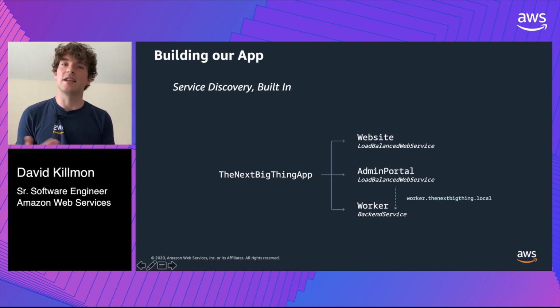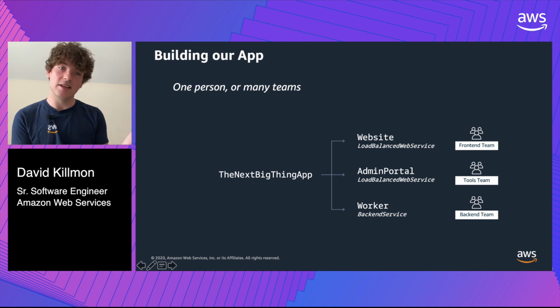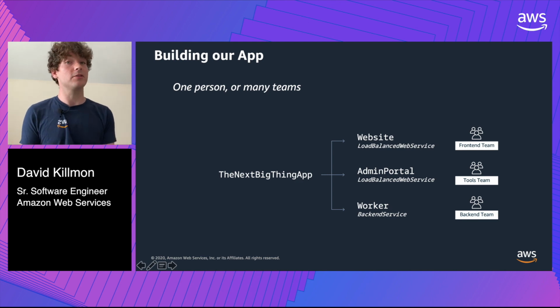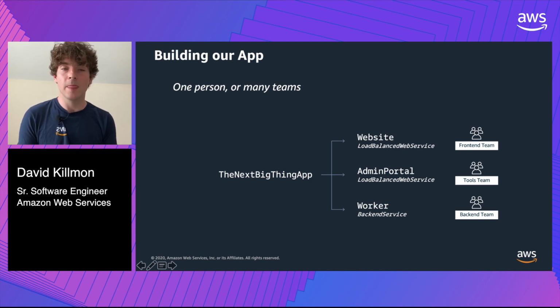So one of the benefits that AWS Copilot brings with this microservice architecture is that it scales to whatever developer architecture or team architecture you have. If you're just a solo developer, like I have lots of AWS Copilot applications with lots of services in it, but you can scale it to your team. So you can have a front-end team that works on the website, a tools team that works on the admin portal, and a back-end team that works on the worker service.